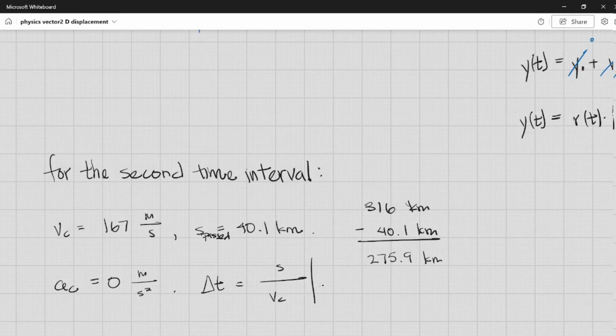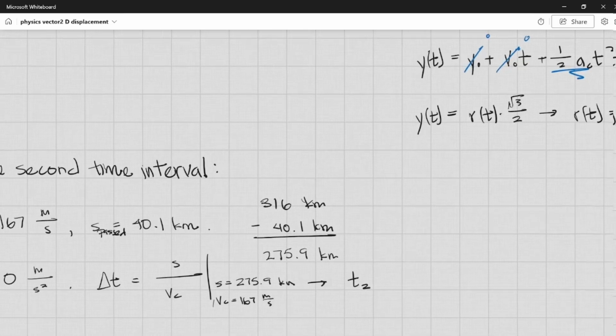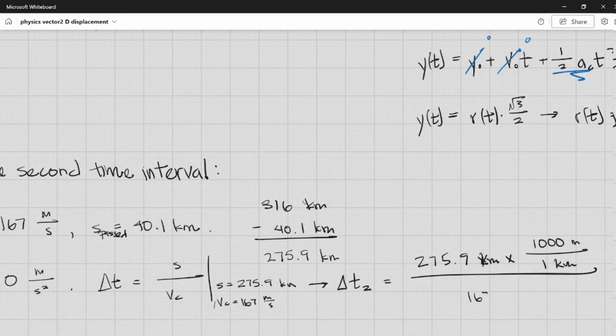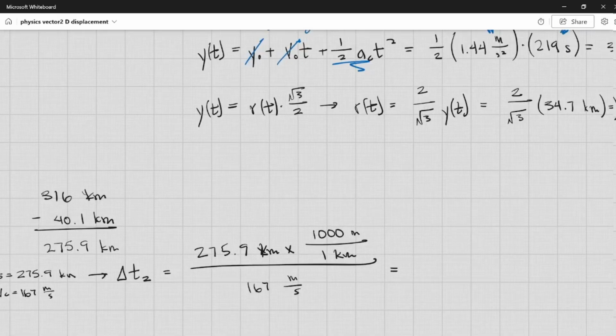And here, S is equal to this 275.9 kilometers, and VC is 167 meters per second, obviously, leading to our second time interval. Let's convert back to meters. And we end up with a value of 1,684.43 seconds. We'll just chop off the last digits there.